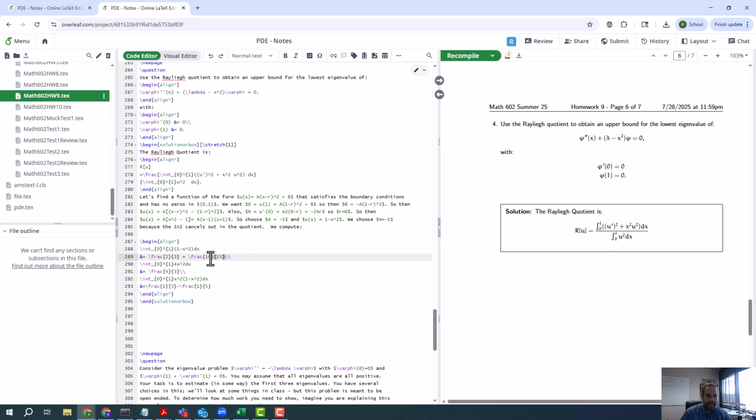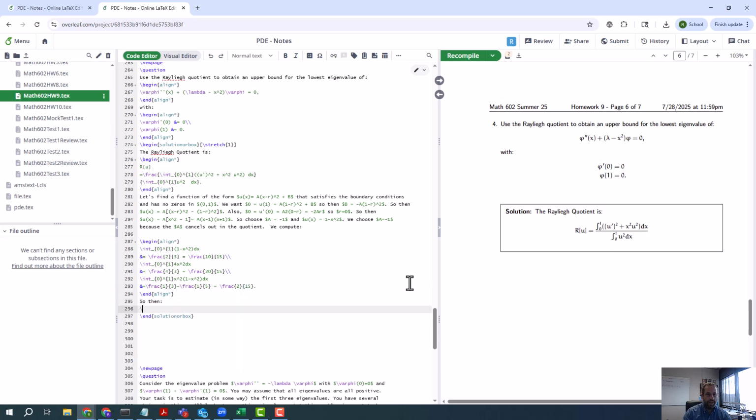So 2/3 is equal to 10/15. This is equal to 20 over 15. And then this is going to be equal to 5 minus 3 over 15. So we got 2/15.